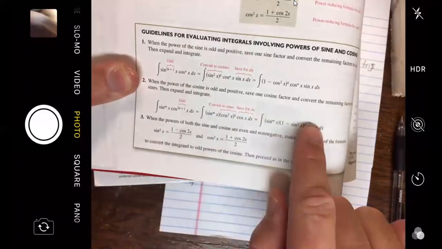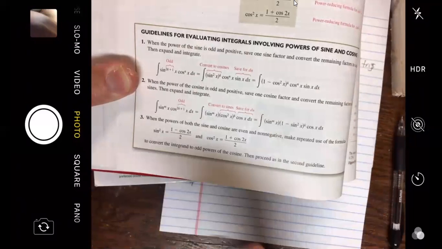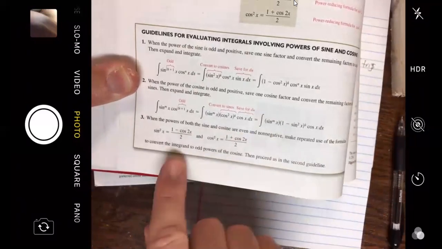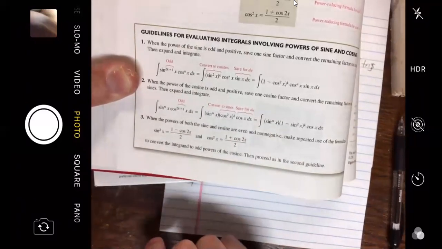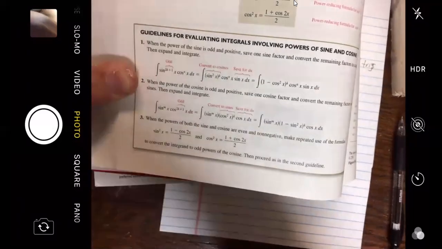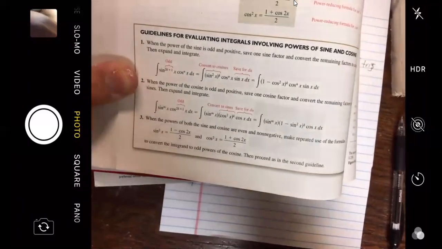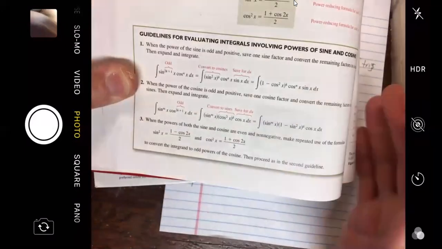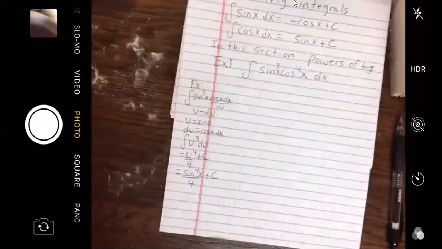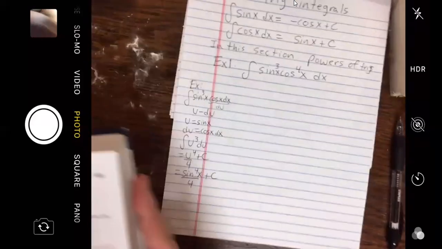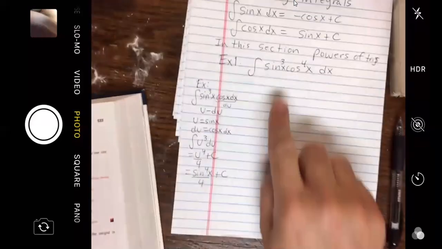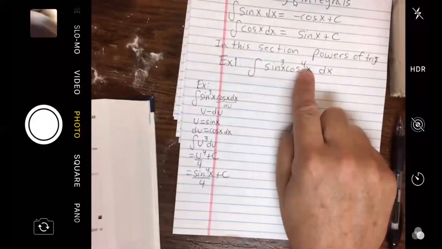You do this gibberish, you do this gibberish, and if you have even powers of sine or cosine, you play these identities. And it's tough, I don't have enough time to show you every single case, so we'll have to save some of them obviously for Friday. But let me show you at least the first case to show you what you're doing. Sine cubed and a cosine fourth.